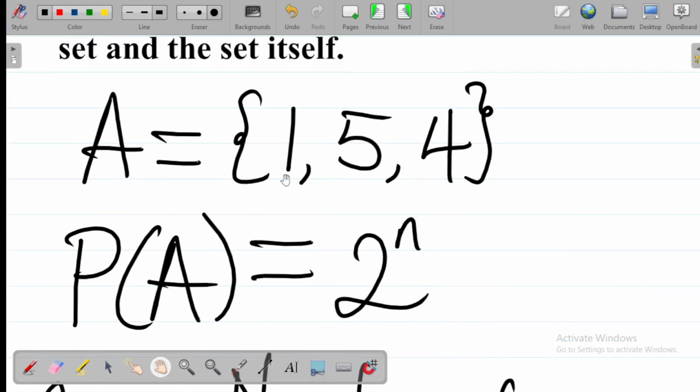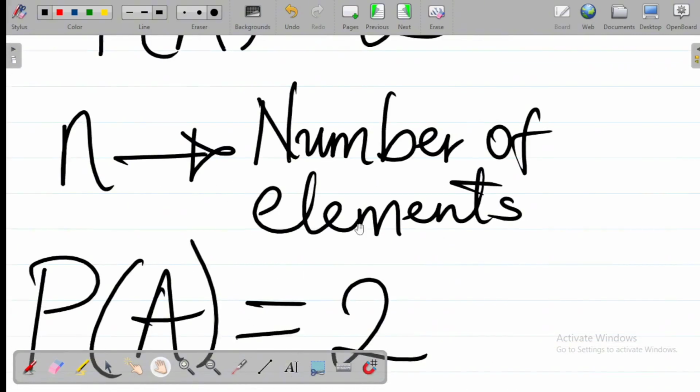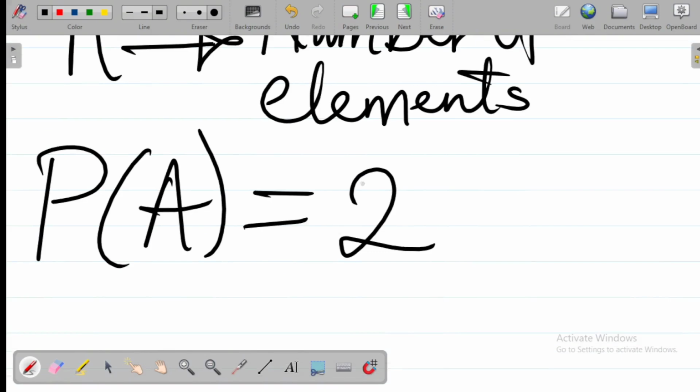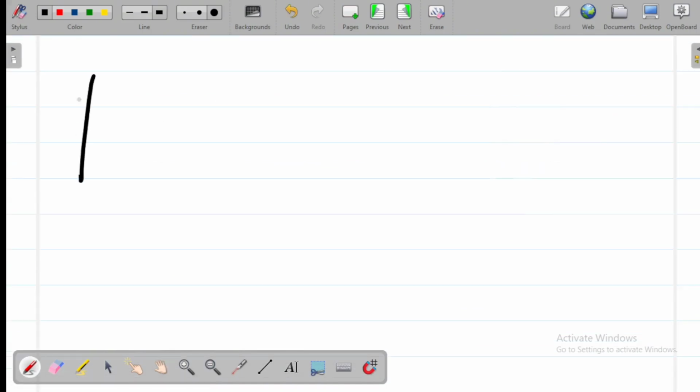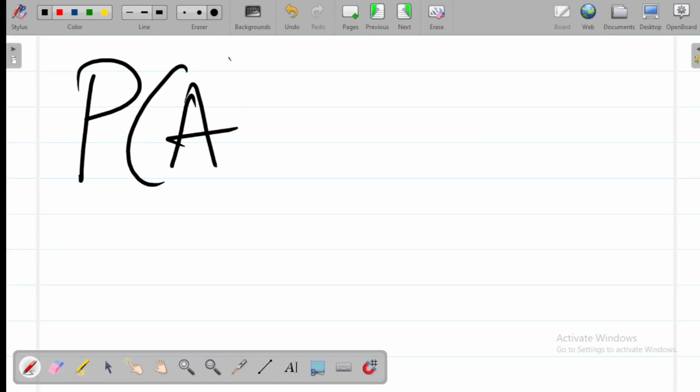Now let's count the number of elements in set A. We have 1, 2, 3. So it is equal to 2 raised to power 3, which is 8.